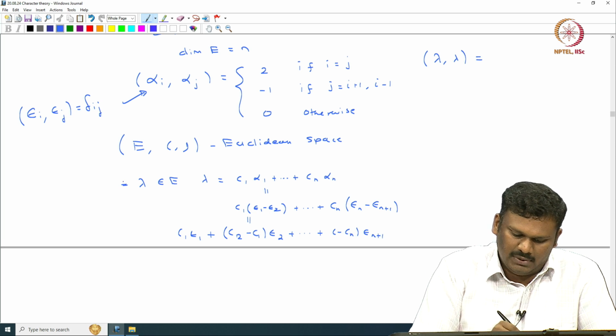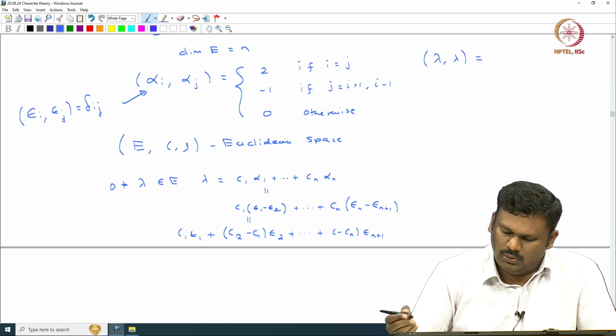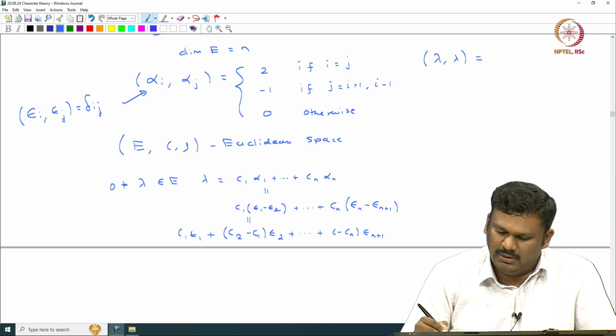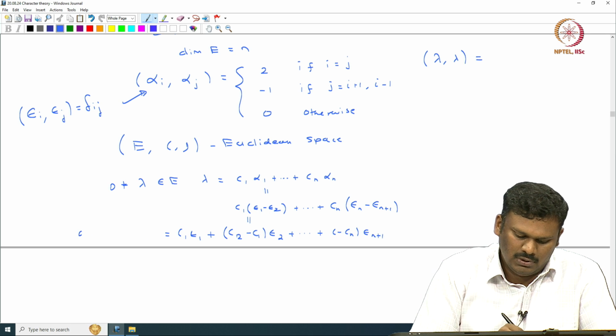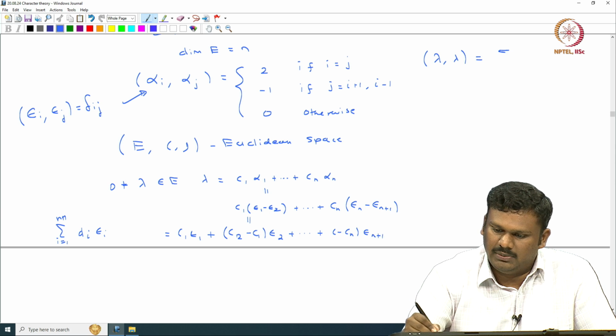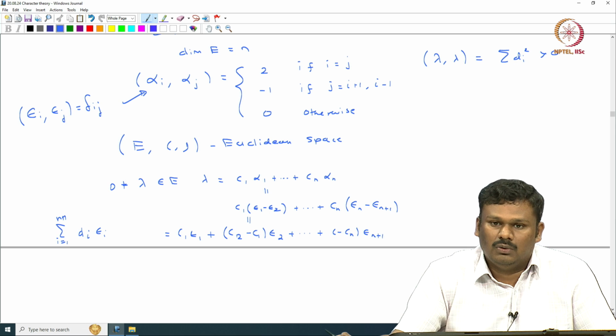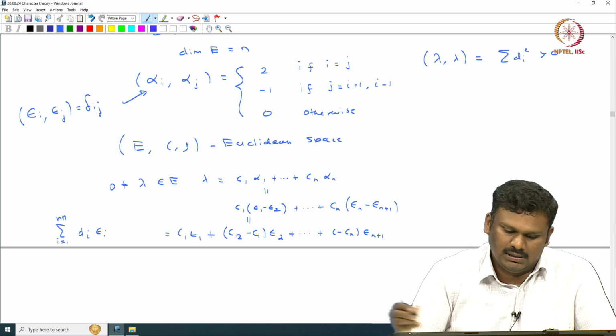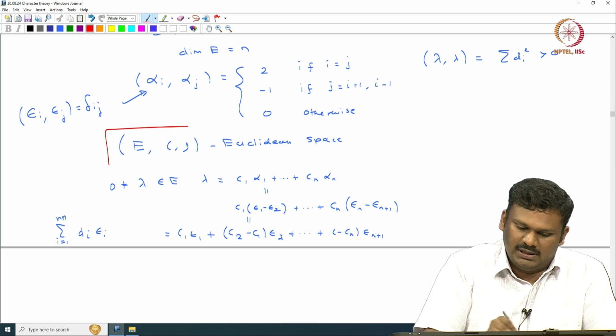But if lambda is non-zero, then one of the coefficients here will be non-zero. That is for sure. So, if you write this as the summation of di epsilon i, i ranging from 1 to n plus 1, then (lambda, lambda) is indeed the summation of di squared, which is always positive whenever one of the di is non-zero. That is what makes this a Euclidean space.